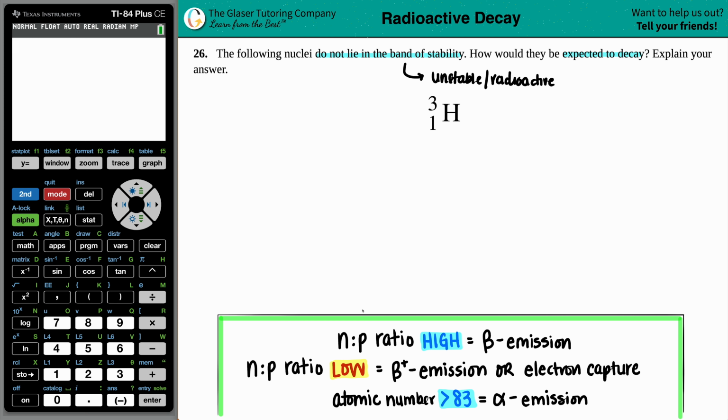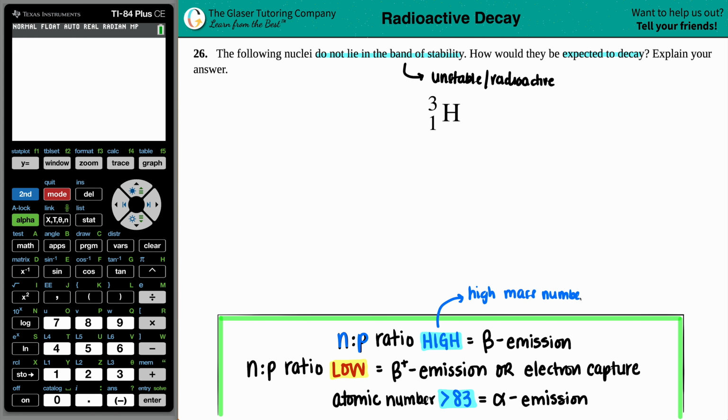Now, if we wanted to actually find out the ratio, we would have to find out the total number of neutrons, that's what the N stands for, and the total number of protons, and divide them, right, to get the actual ratio, and see whether the ratio is either high or low. But there's an even easier method, which I will tell you right here. High N to P ratios always correlate with a high mass number, right?